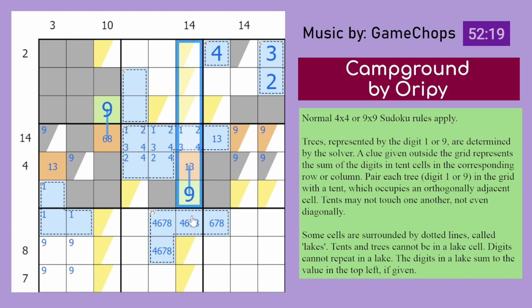Okay, we figured out the 14 in this column has to be made of 3 different tents. This cannot be tent because if it was tent, where would the tree go? The tree can't be there, or there. So this can't be tent. It has to be absolutely nothing. Awesome. Now, therefore, there must be 1 tent here and 1 tent here. You can't have 2 tents in either of those, and you can't have 0 tents in either of those. So they have to be 1 tent each.